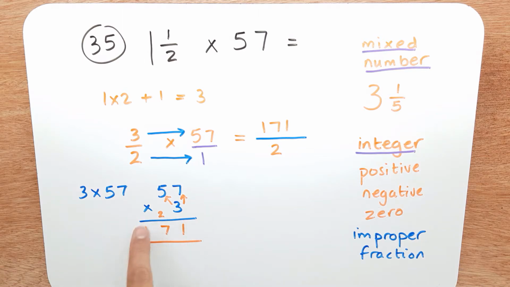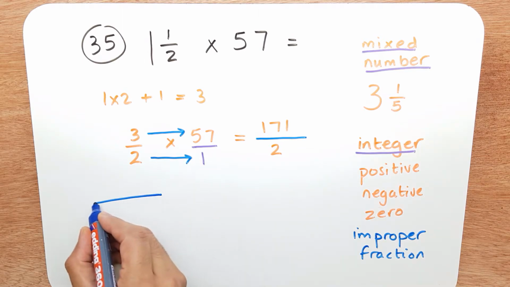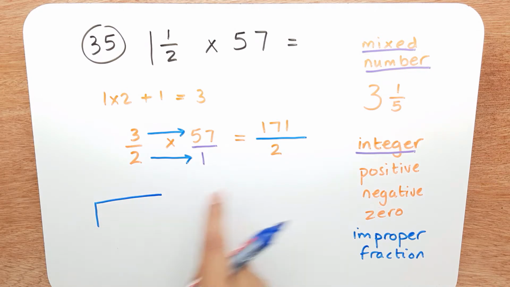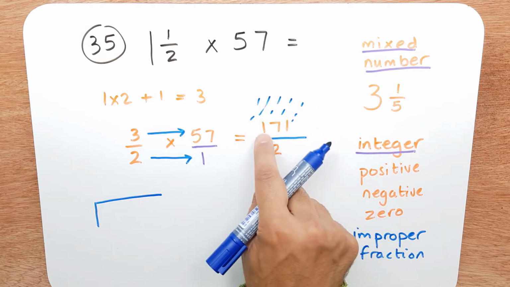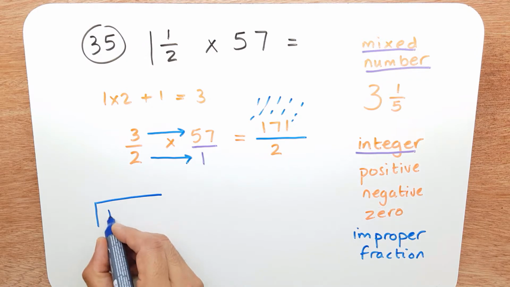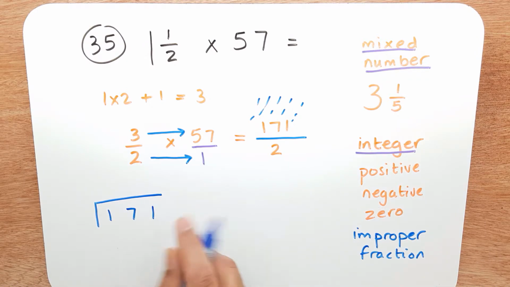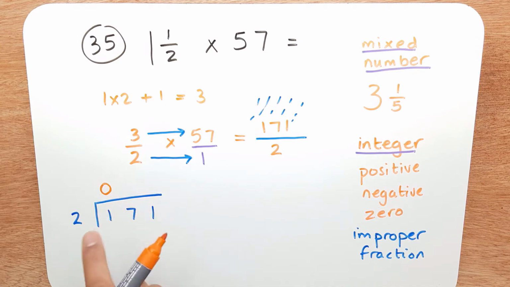So let's rub this out, and we can do the bus shelter here. So I'm going to do a bus shelter. It's raining. So 171 is getting wet, so we're going to put that on the inside. 171. And the 2 has to go on the outside. So now what we have is, how many 2's are there in this 1? 0.